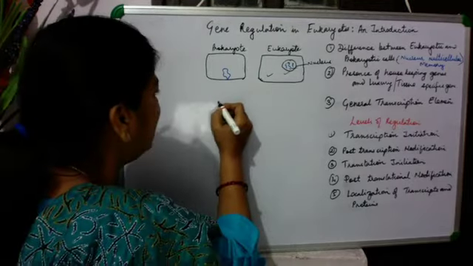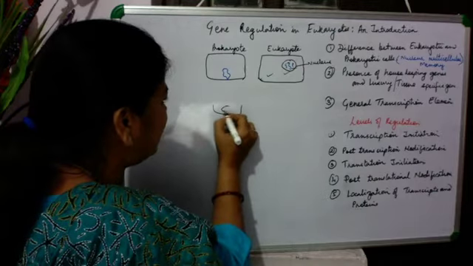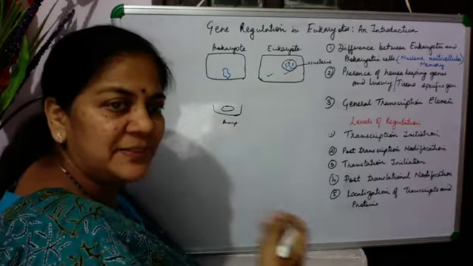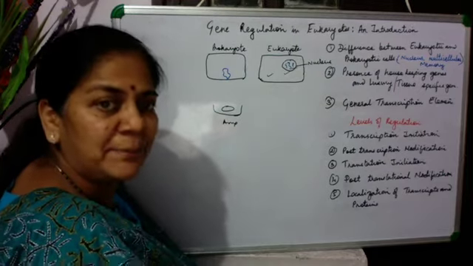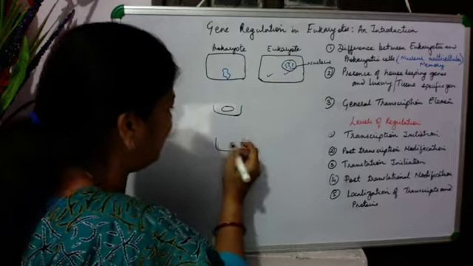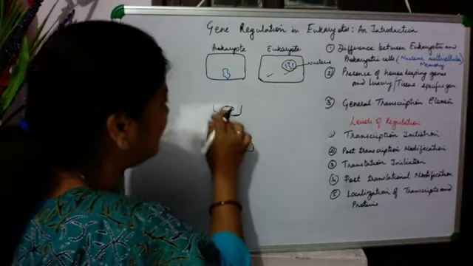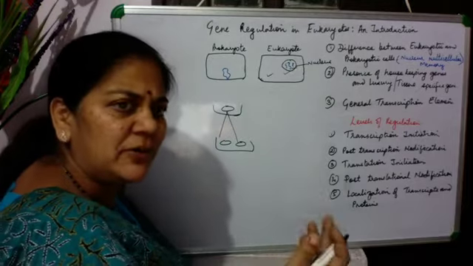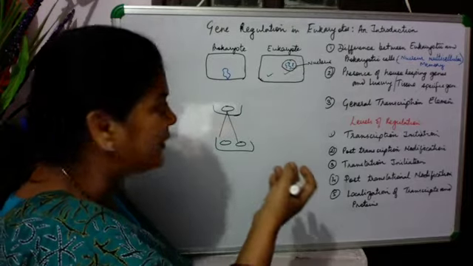For example, if you have a bacterial cell growing in an ampicillin medium, it will start expressing genes which are required for ampicillin resistance. However, when you remove ampicillin and the cell divides into two daughter cells, these two daughter cells will not remember what genes were expressed in the mother.